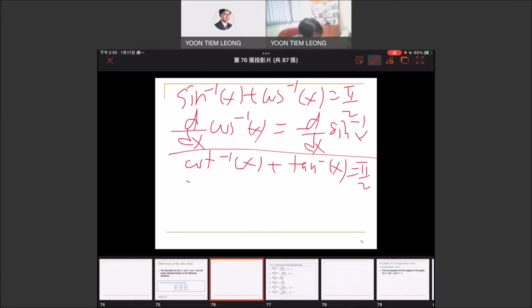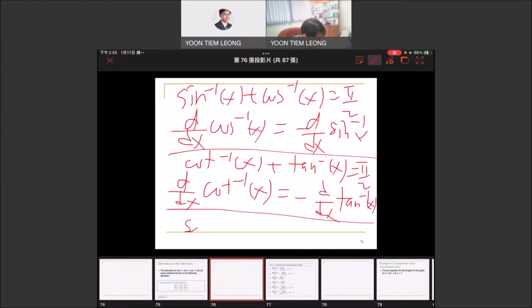So here the derivative of arccotangent is just equal to the negative of the derivative of arctangent. Likewise, arcsecant x and arccosecant x also form a pair.